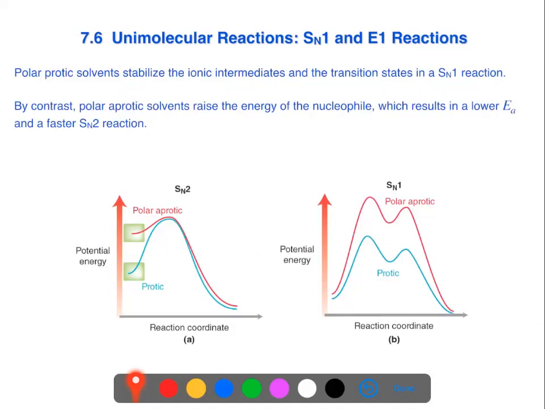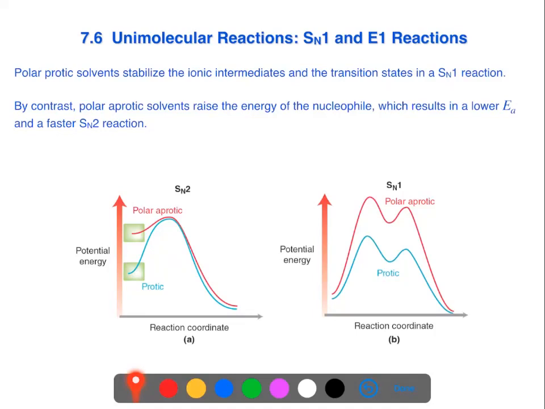This can be looked at using energy diagrams as well. Polar protic solvents are able to stabilize the carbocation intermediates and the transition state in an SN1 reaction quite well. That can be seen with the energy diagram: a polar protic solvent lowers the energy of the transition state going from reactant to intermediate as well as intermediate to product.